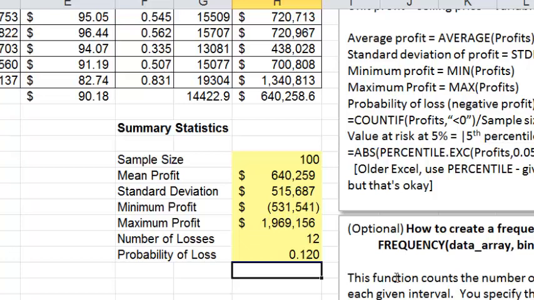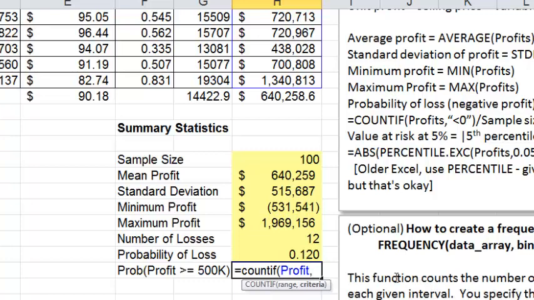And you could also get other kinds of probabilities. For instance, suppose you're told that in order to launch this product, the management would like to see at least a 50% chance of making $500,000. Then we could calculate the probability that the profit would be at least $500,000. So here I would say COUNTIF profit.